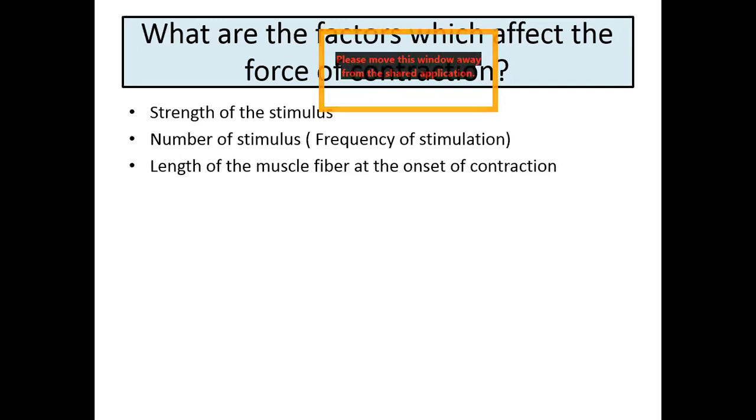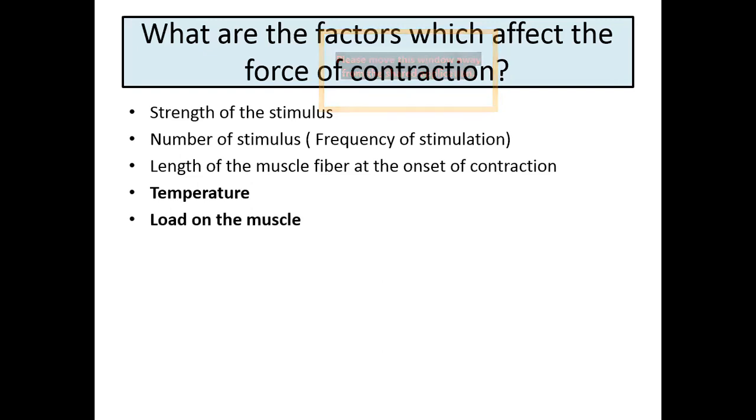In addition to these, there are factors like changes in temperature and changes in the load acting on the muscle, which can also affect the force of contraction. For the ones written in bold here, you have to explore more about the effect of temperature and the effect of load on the muscle.